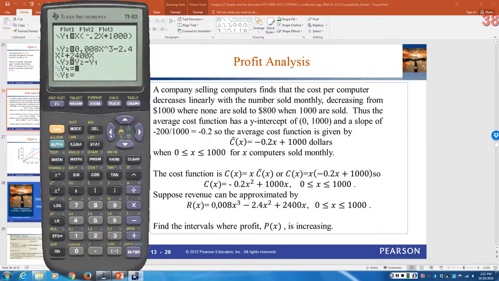And the only one I want to graph actually is the profit function right now. And it says x needs to stay between 0 and 1,000, so I'll use that to set my window. So 0 to 1,000, zoom, fit. We'll let it pick the Y coordinates so we can see what the profit function looks like.